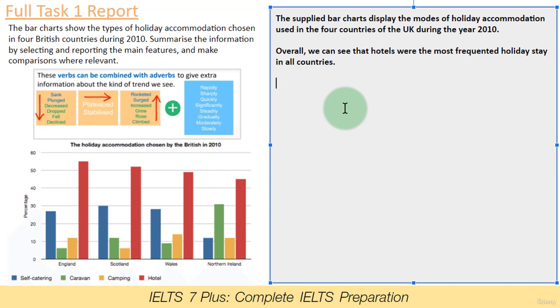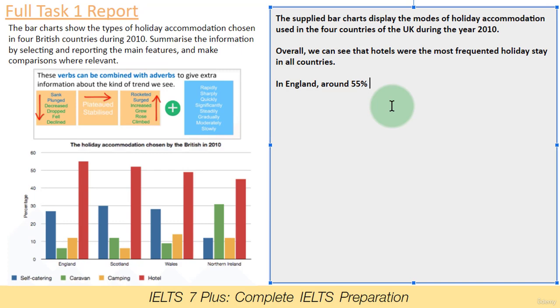So let's say in England, over, we could say around. So we can't see the exact figure, but it looks about halfway between 50 and 60.